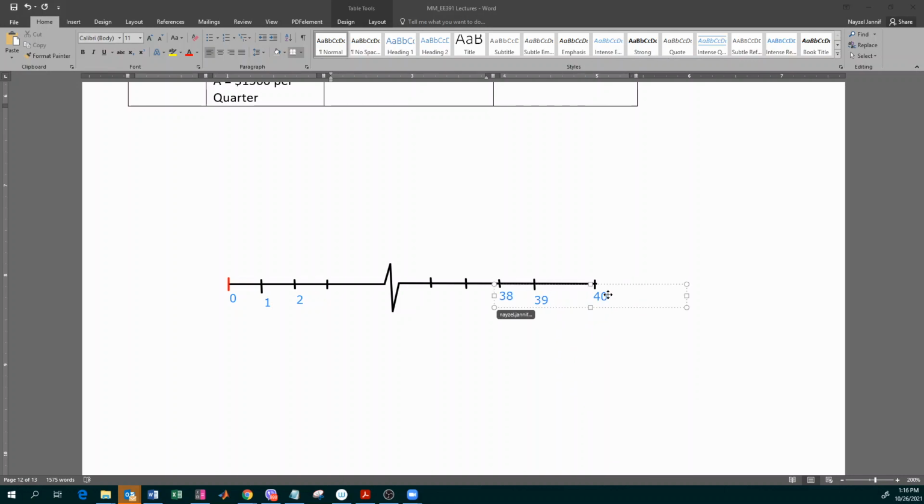Now for each quarter, what do we get? For each quarter, we have an arrow downwards. Starts with 1, 40.